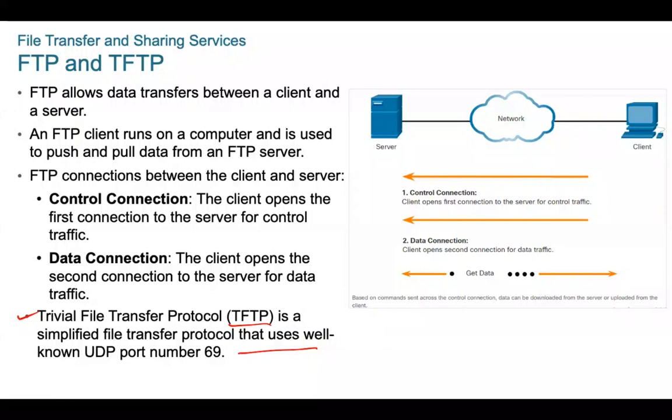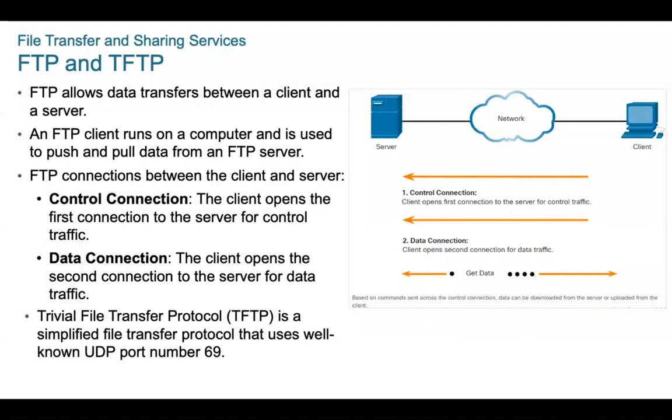It is fundamentally insecure, however, because it has no login or access control feature. For this reason, TFTP needs to be implemented carefully, and only when absolutely necessary, to upload or download data between the client and the server.